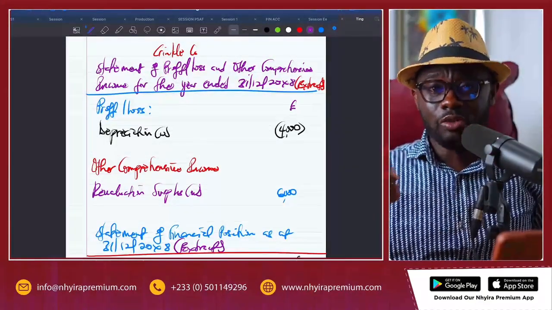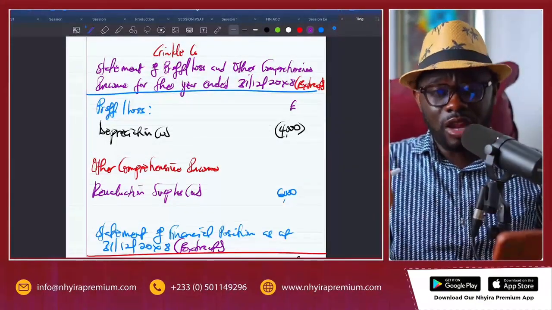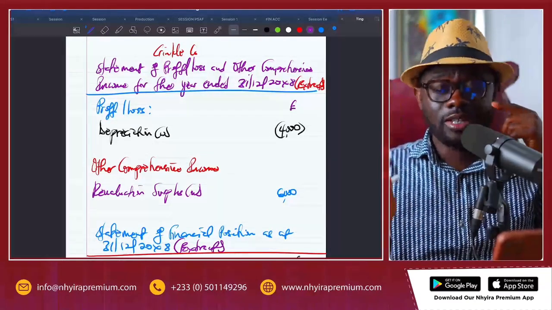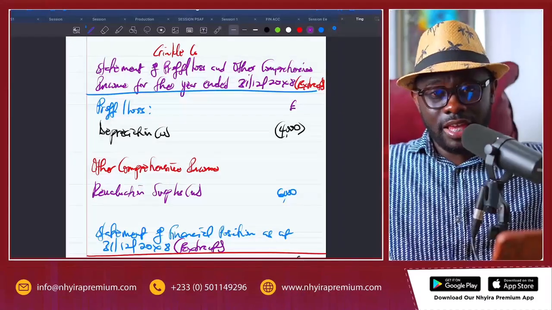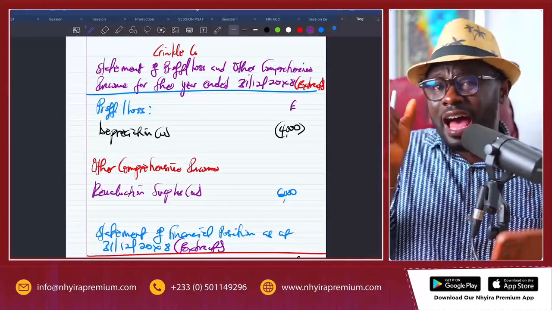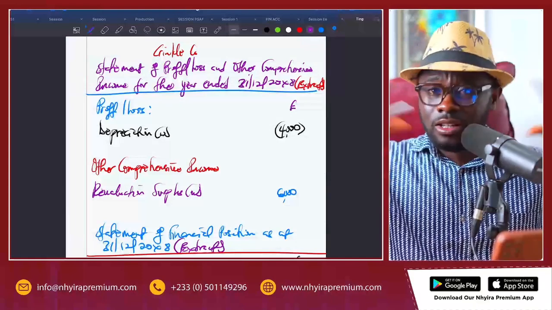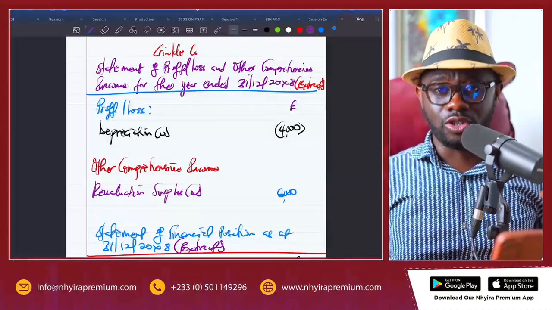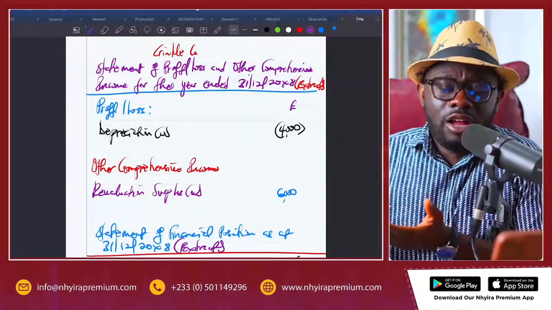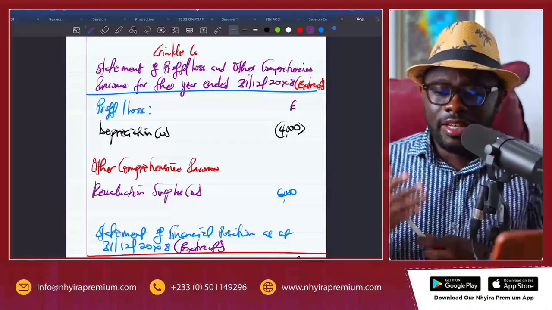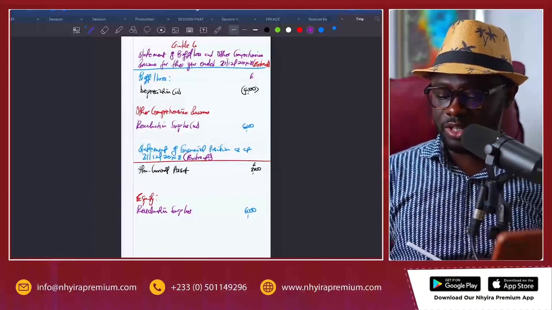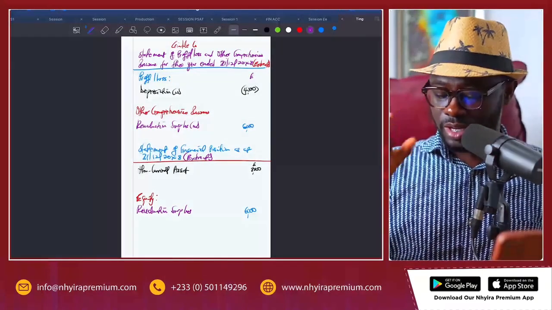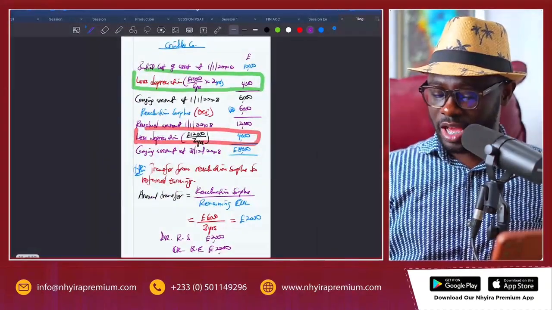So we only do the transfer in the year of the revaluation if the revaluation is done at the beginning of the year or midway in the year. But if the revaluation is done at the end of the year, we won't think about any transfer issue. Why? Because if a revaluation was done at the end of the year, then you have done the calculation already in respect of the depreciation amount. So that is what we need to understand when it comes to dealing with the annual transfer.